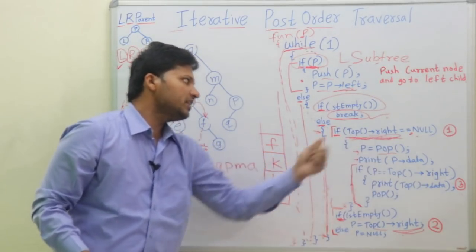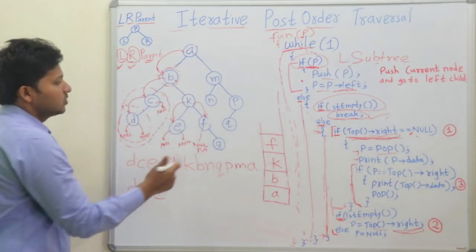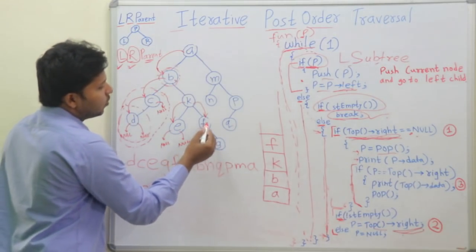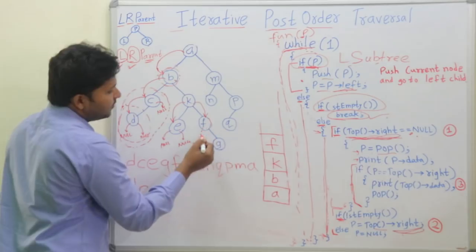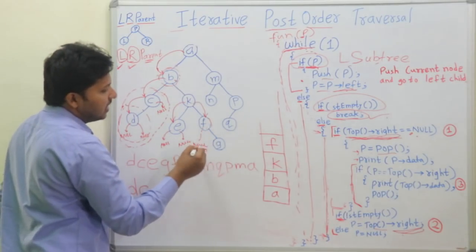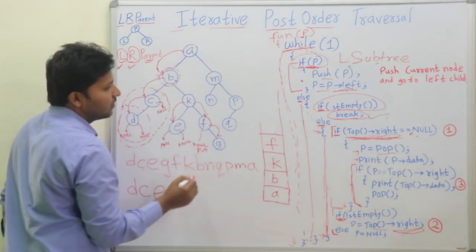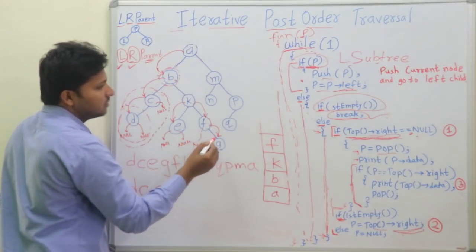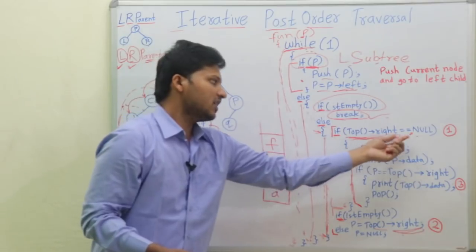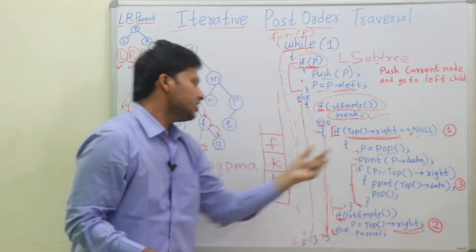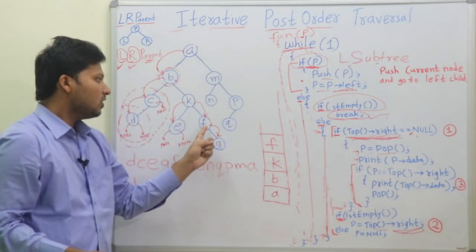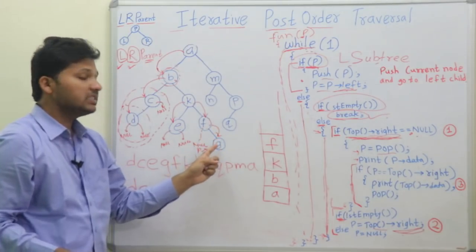So if top points right equal to null. So see, for node F here, the left subtree checked, it is null. So now your duty is to check the right subtree, whether it is null or not. So see, if top points right is equal to null, this condition is not satisfied because the right subtree of F is not null.